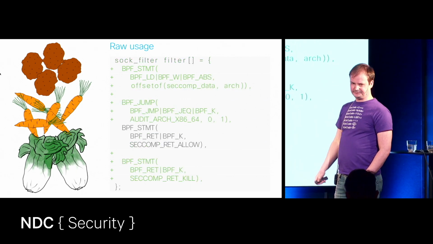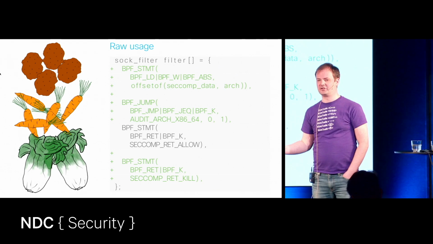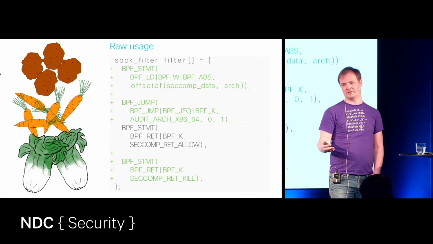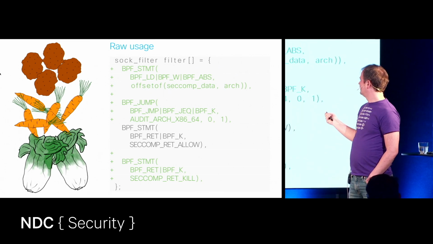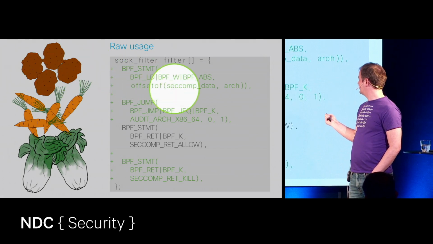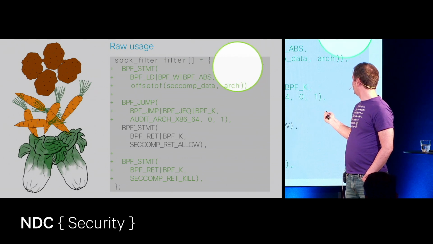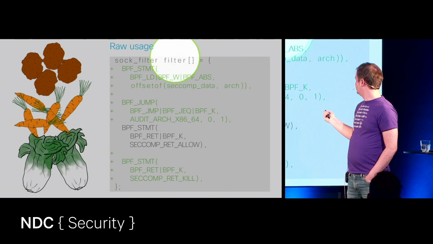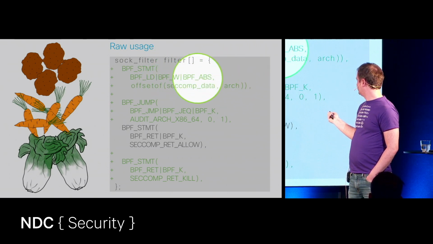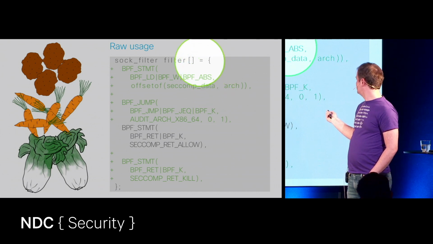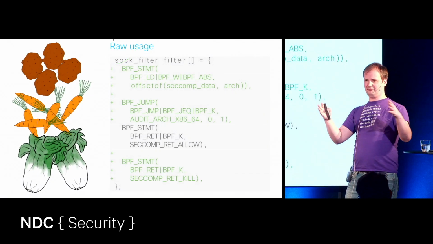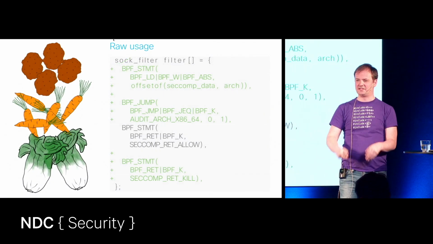So let's expand on it, and let's check the architecture. Like I said, that's important, so let's do it. What you do for that is you load the architecture from this seccomp_data struct. So you load a word from the seccomp_data structure into a register. And this offsetof thing is just the way to get where in memory this thing is stored.